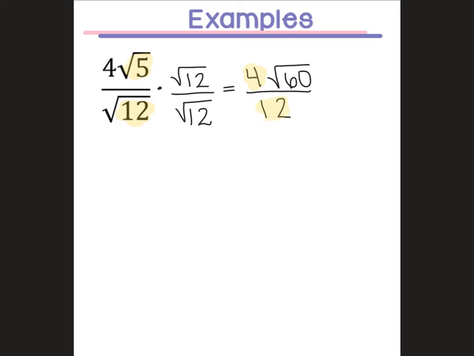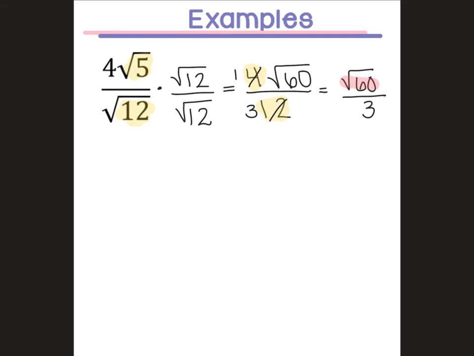4 over 12 can be simplified. I can divide both by 4, which would give me 1/3. And so right now, I have square root of 60 over 3. Square root of 60 can be simplified.